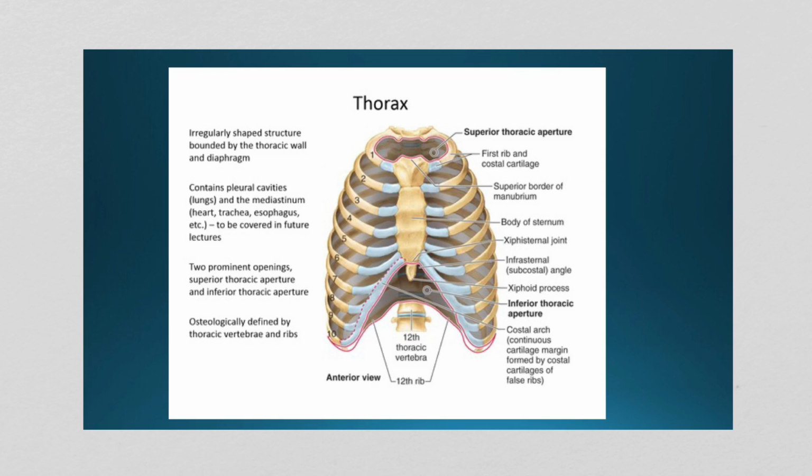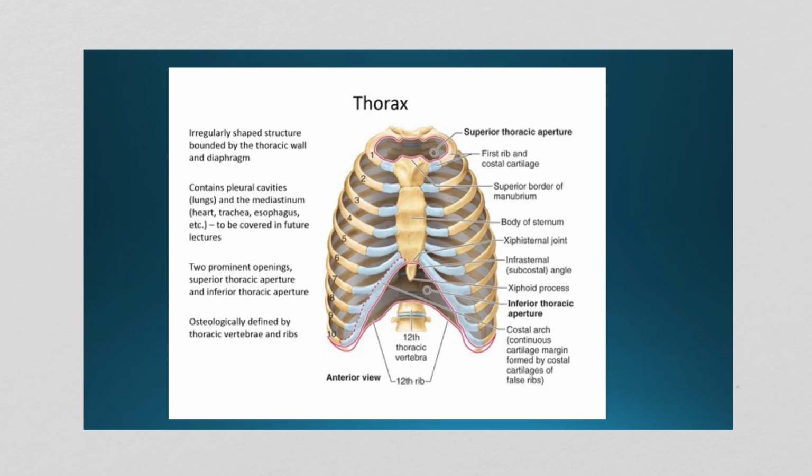More laterally, we have the bodies of the ribs, rib 1 all the way down to rib 12, which we'll talk about in just a second. And then posteriorly, it's all of the spinal processes on the posterior spine that make up the posterior component. These structures all together make up the anatomical structure known as the thorax.